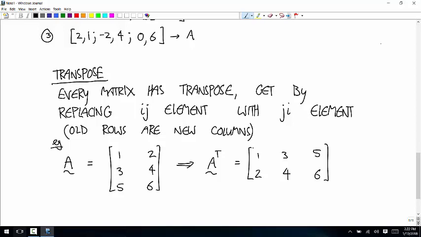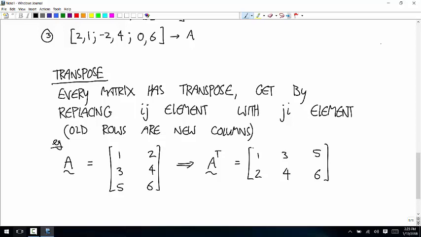But here's what I was saying about the ij and ji element. Okay, so this 3 here in the original matrix, what element is that? What number? 2, 1, right? It's in the second row, first column. Over here, it's in the first row, second column.